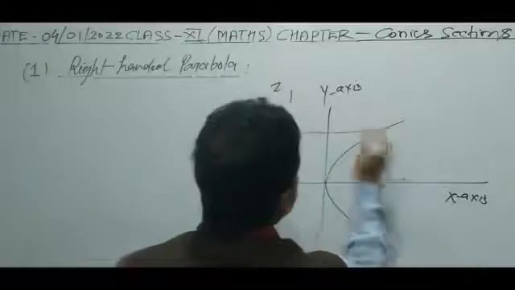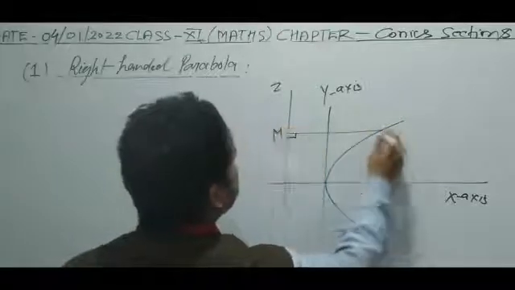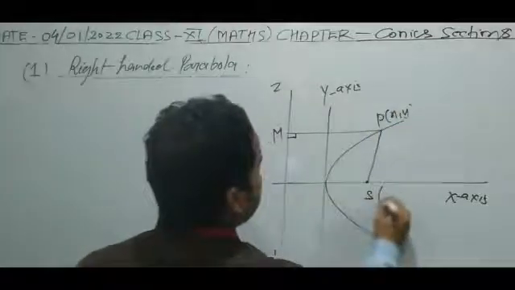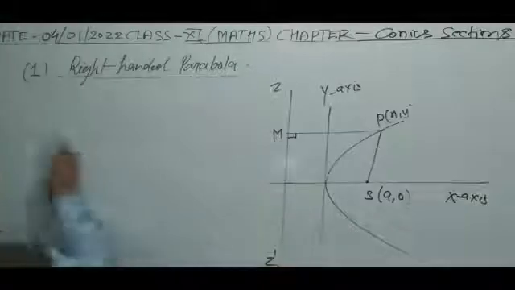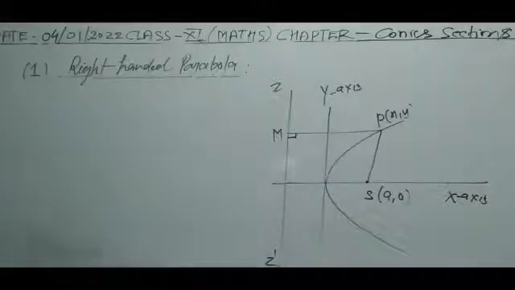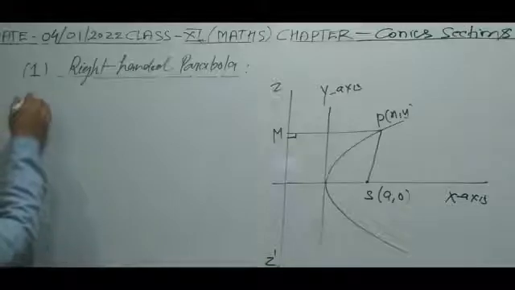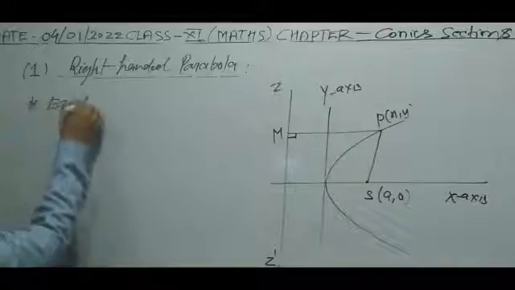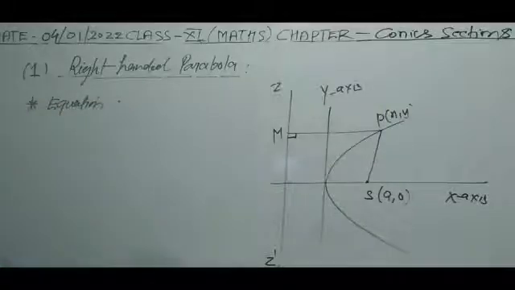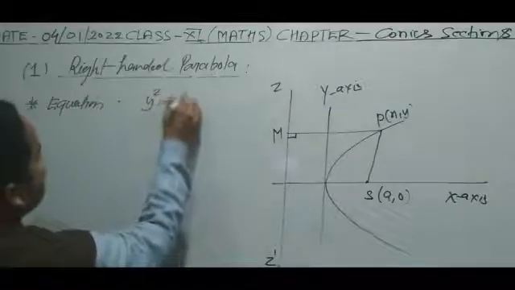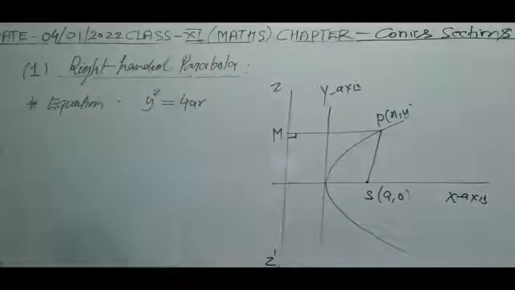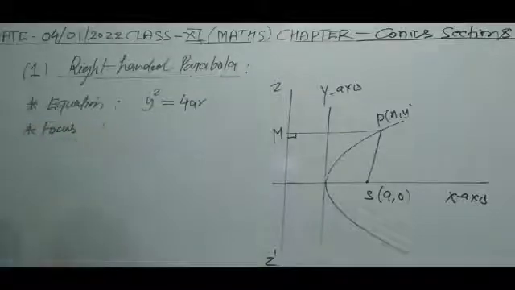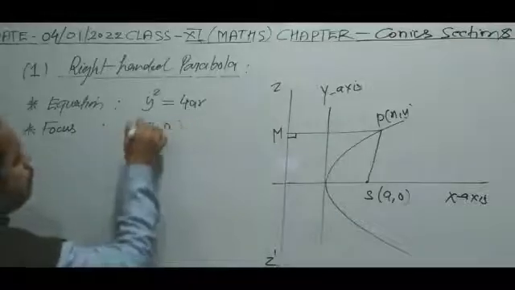Now this is the perpendicular distance, that is M, this is P, x comma y, and we have to join. This coordinate is a comma 0. So from the figure, the equation is y square is equal to 4ax. Second, the focus is a comma 0, this is S.